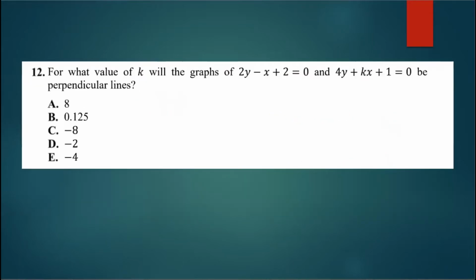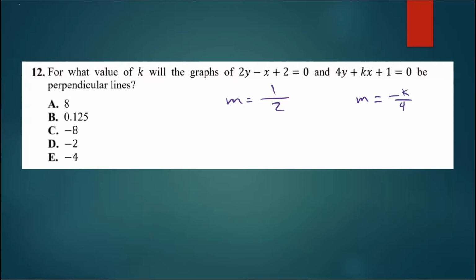For what value of k will the graphs of these be perpendicular lines? So try to get the slope. The slope is the negative coefficient of x over the coefficient of y, so it will be 1/2 here. And for the other one, you can also obtain the slope by isolating y. The slope in this case will be negative k/4.